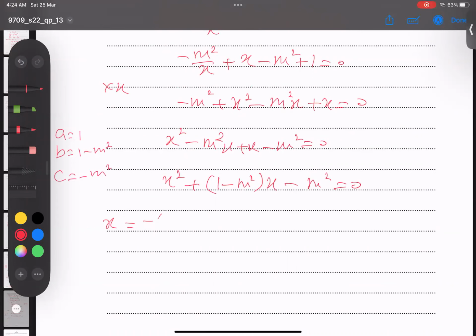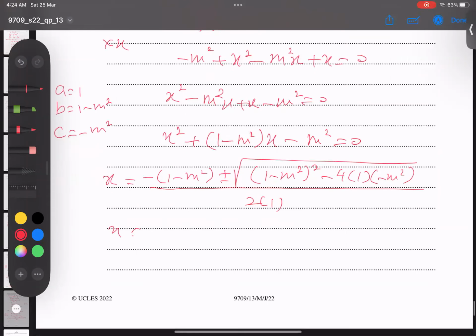So minus b, plus and minus the square root of b square minus 4ac, where a is 1 and c is this, and divided by 2a. Minus b is minus 1 plus m to power 2. Here in the bracket, I have to expand the square: first term square, negative 2 into first term, second term, plus second term square, plus 4m to power 2.